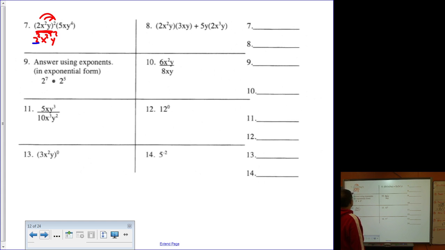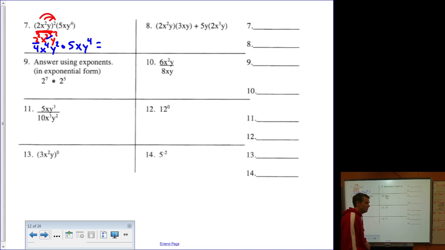2 to the second is 4. X squared to the second, I have a power to a power, so I multiply them and get x to the fourth. And y to the second is just y to the second. I have now finished with the first term, but I need to multiply that times the second term.